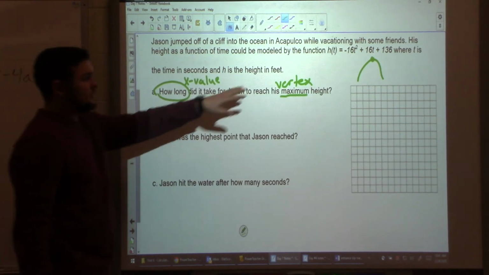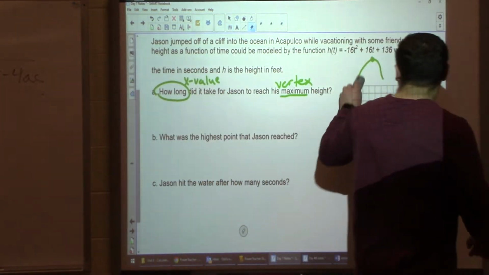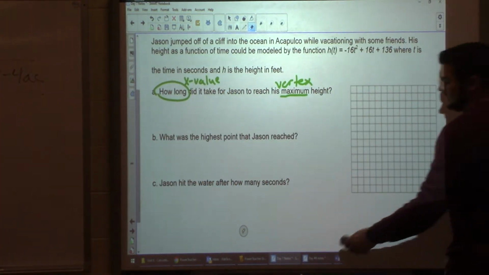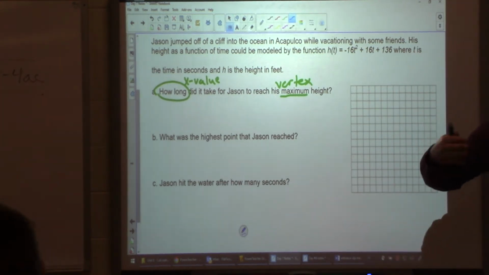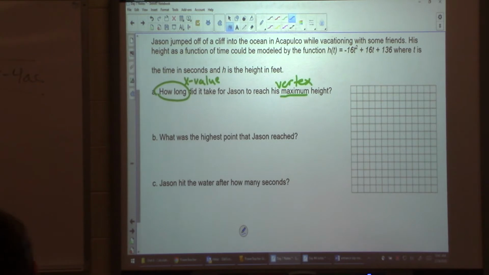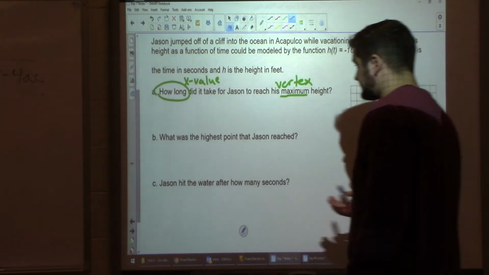Okay, well we're in standard form up here, right? Negative 16t squared plus 16t plus 136. How do I find an x value at a vertex in standard form? Do what we've been doing, which is x equals negative b over 2a. Perfect, right?